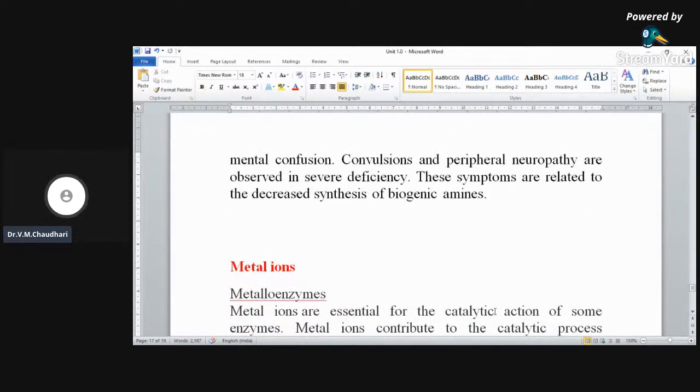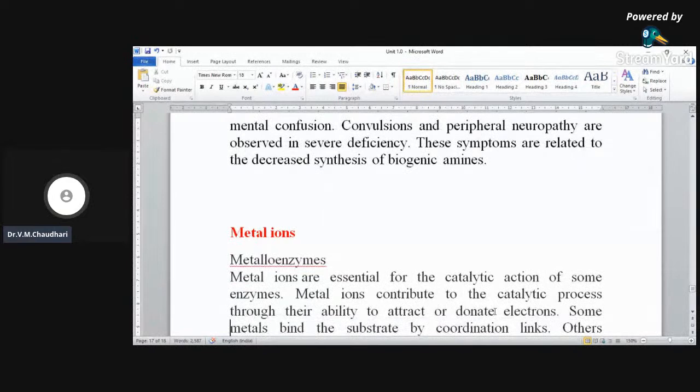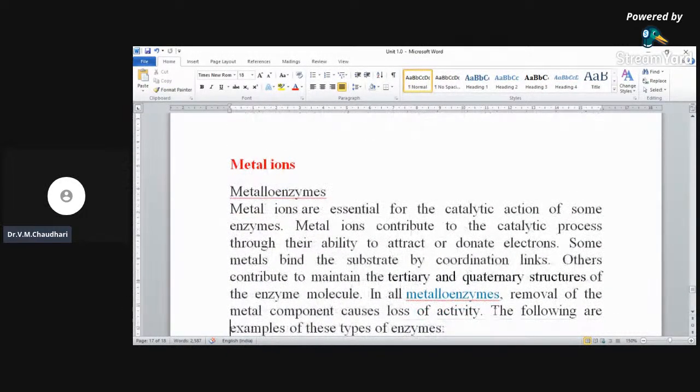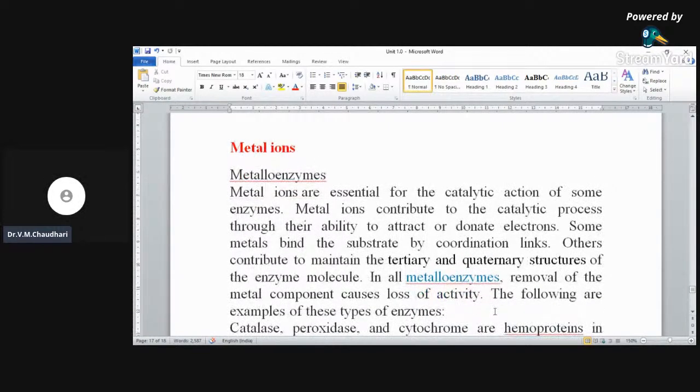Next is the role of metal ions in metabolism. Metal ions, or enzymes associated with metal ions, are also known as metalloenzymes. Metal ions are essential for the catalytic action of some enzymes.